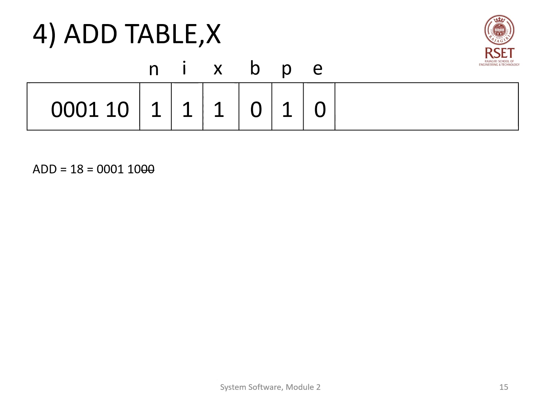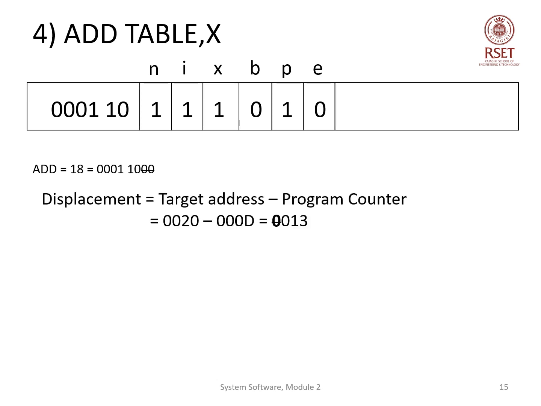It is 000110. Now in place of the 12-bit displacement, we should find a displacement that is given by the target address minus program counter. Here the target address is the address of TABLE from the first slide, and the program counter will contain the address of the next instruction.